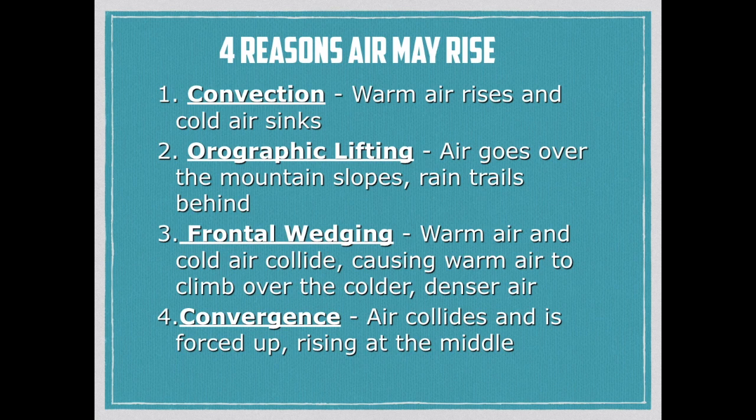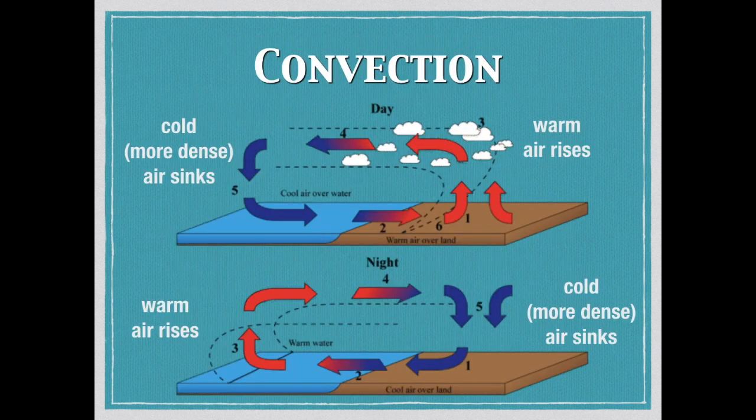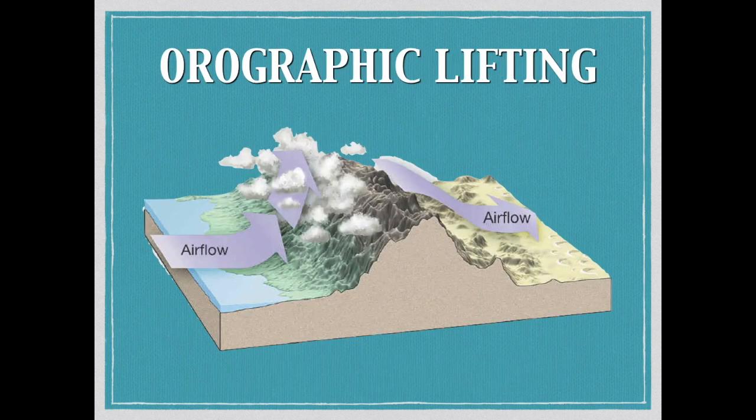And then there are four reasons why air masses may rise, or some examples of air masses rising. Here's convection. Warm air rises, cold air sinks because it's more dense. Here's orographic lifting. Orographic lifting refers to air going over a mountain.